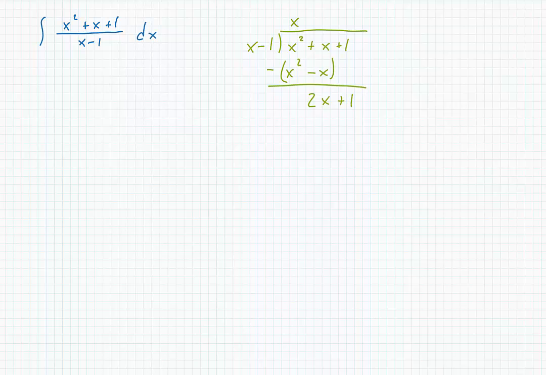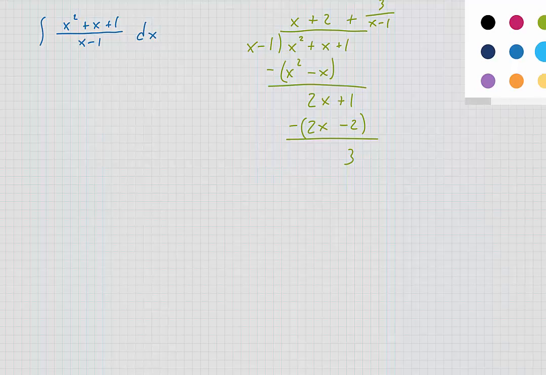If we divide x into 2x, we're going to get a plus 2. 2 times x minus 1 is 2x minus 2, excuse me. We're going to subtract all of that. 2x minus 2x is 0. 1 minus a negative 2, same thing as 1 plus 2, or 3. So we'll end up with a remainder of 3 over x minus 1.